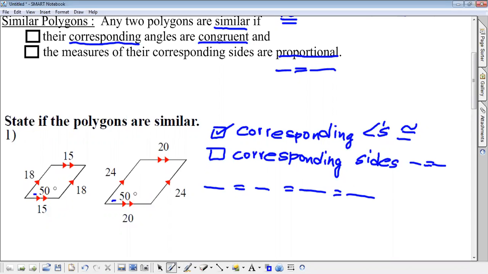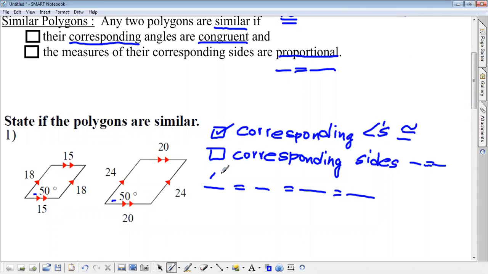Now, the way you do it is pick any of the polygons, pick any of the shapes. Let me pick this one and pick a side inside, and I pick the top one.